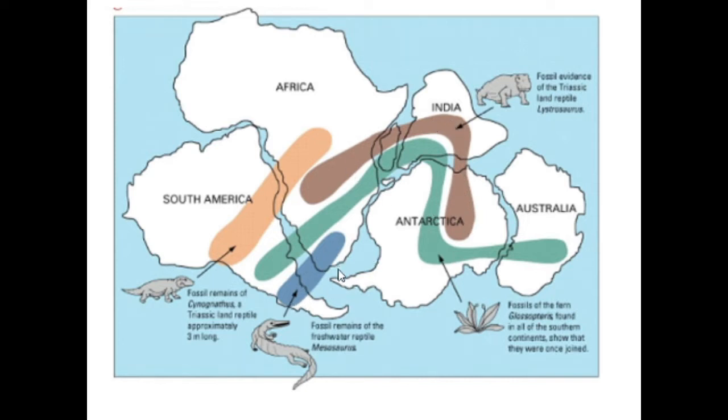The blue band would be the places where the fossil remains of a Mesosaurus were seen. And then the green band would be the larger band, which shows the fossil distribution of the plant Glossopteris.